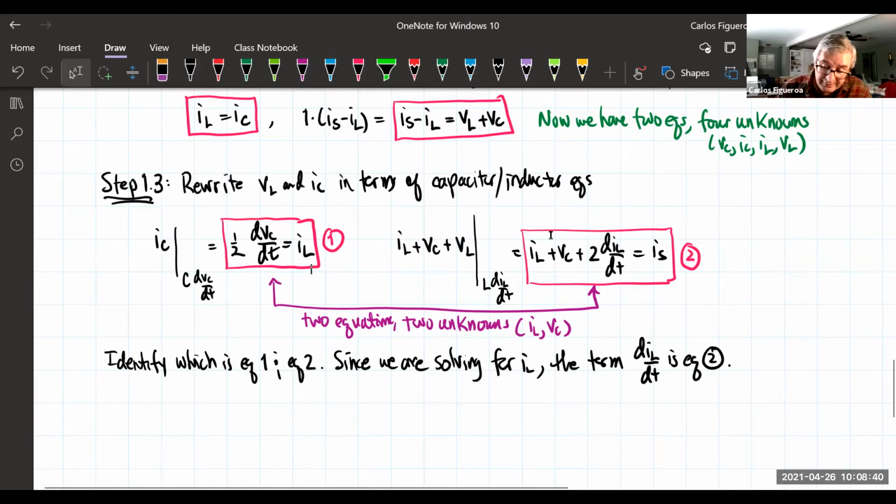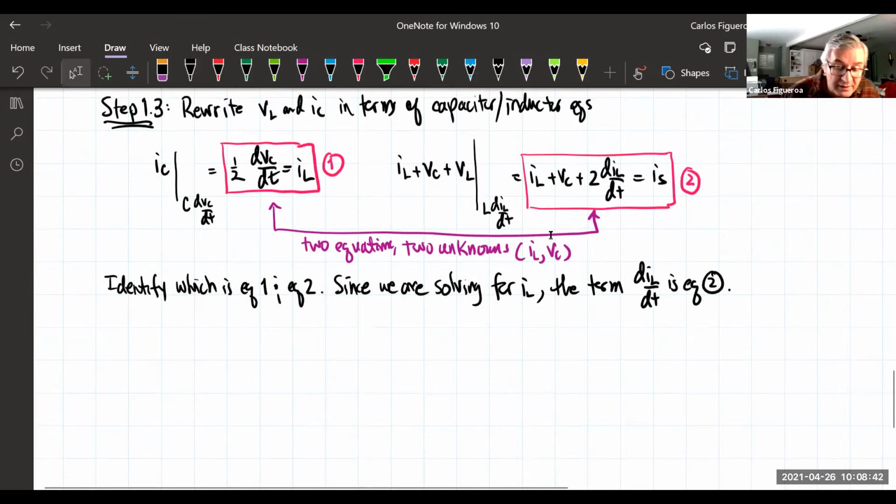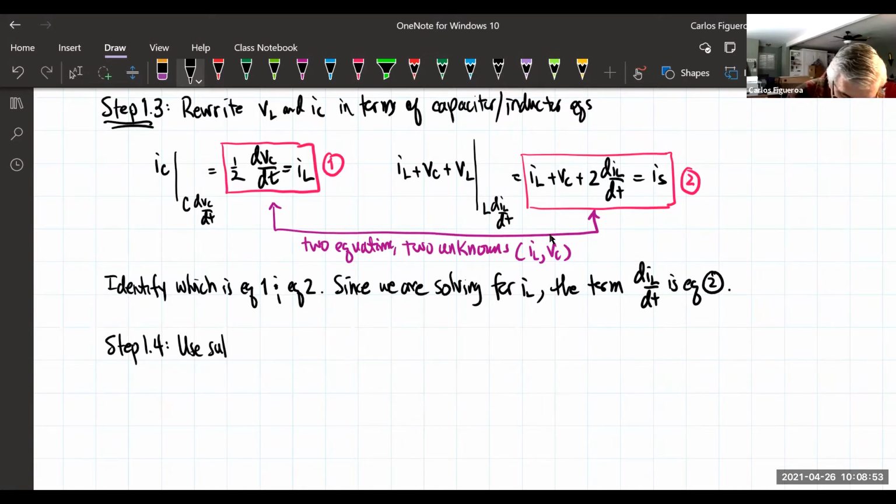So now that I've identified 1 and 2, I'm finally going to go to step 1.4. And what we're going to do now is use substitution to determine the second order equation.